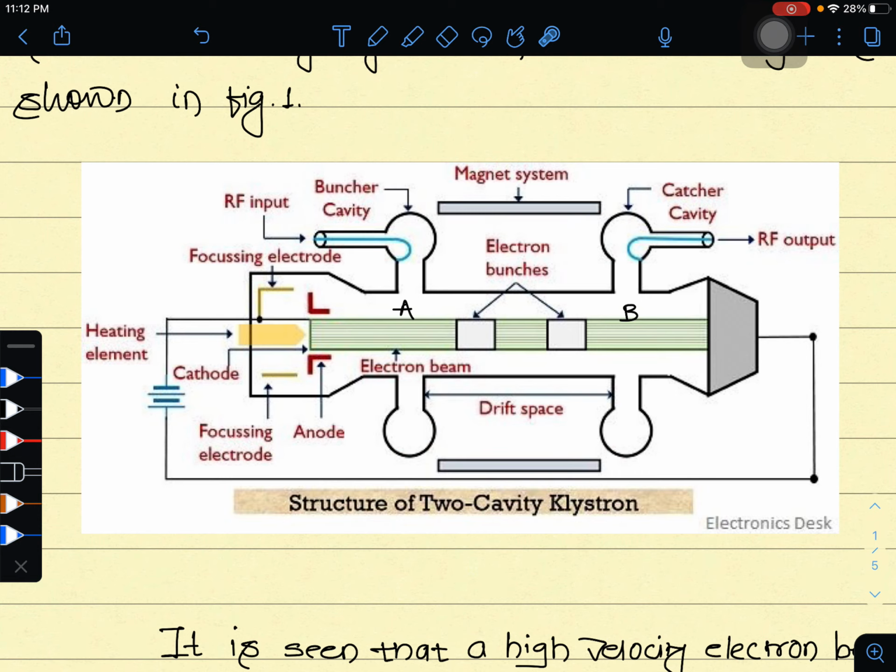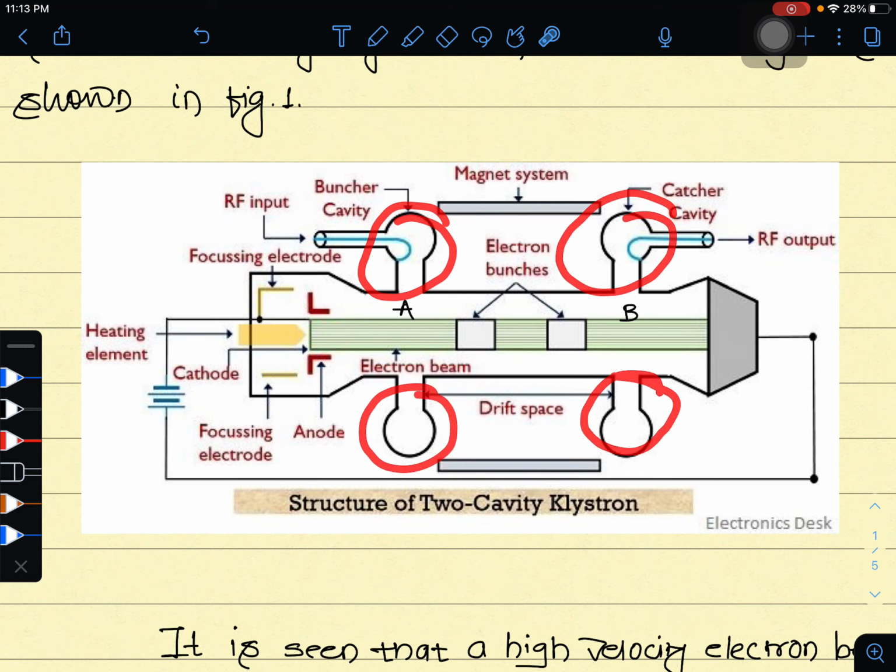So this diagram clearly shows different kinds of parameters related to these amplifiers. Now let us see them one by one. The two cavity klystron amplifier consists of a cathode, a focusing electrode, then two buncher cavities and two catcher cavities.